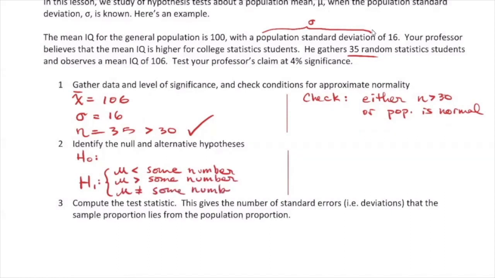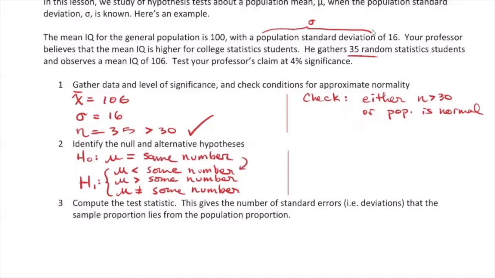So that's the main difference so far, it's a claim about mu, not p. And then the null hypothesis has to say that mu is equal to that number. Okay, so I'll say the same number as below.